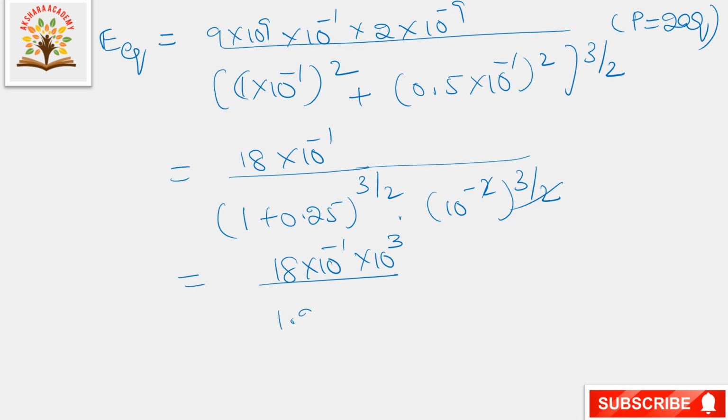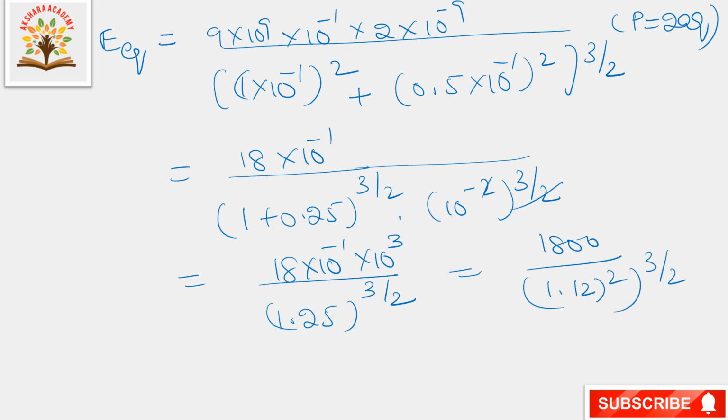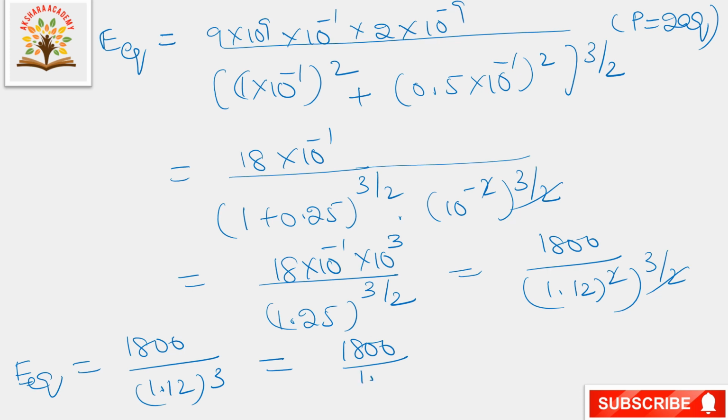So 1.25 whole to the power of 3 by 2. So this can be written as 1800 by 1.12 whole square into 3 by 2. 2 gets cancelled. So this is equal to 1800 by 1.12 whole cube.